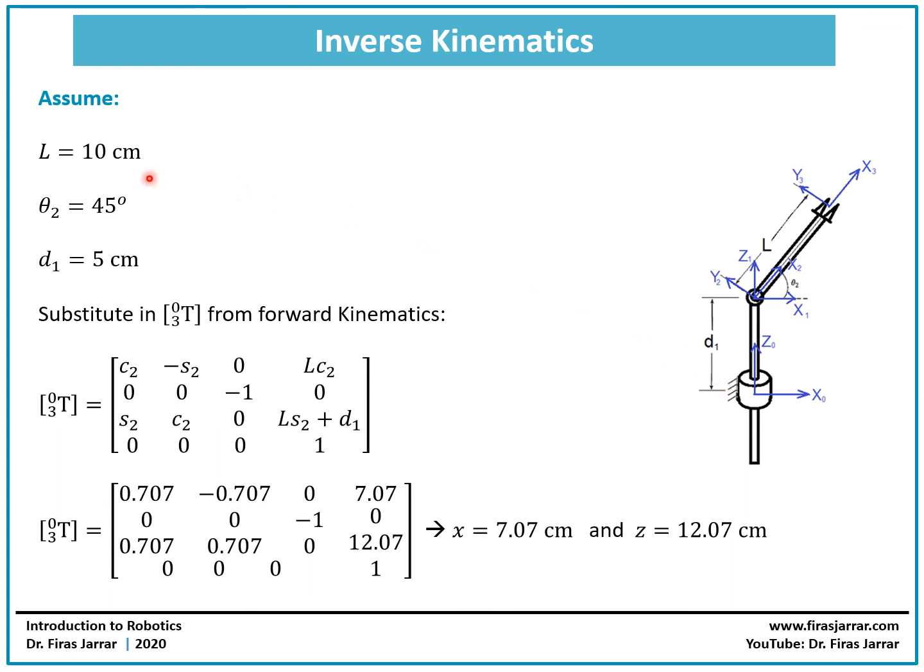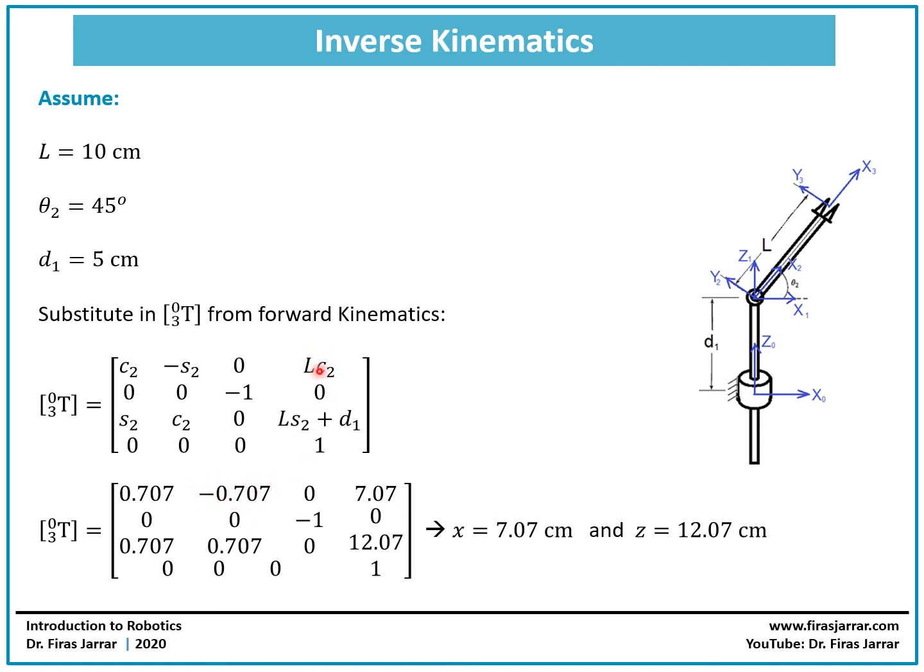And then I'm going to substitute these into the result from the forward kinematics, which is the transformation matrix of 3 with respect to 0. So cosine theta 2 becomes cosine 45, which is about 0.707. Minus sine theta 2 becomes minus sine 45, which is minus 0.707.